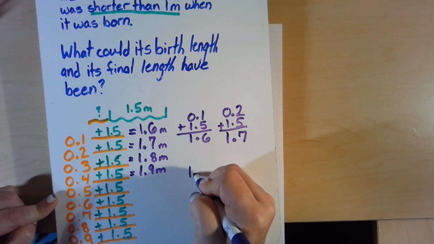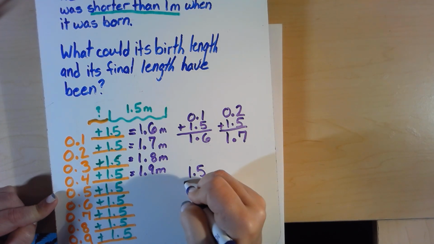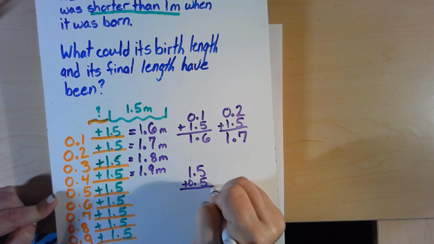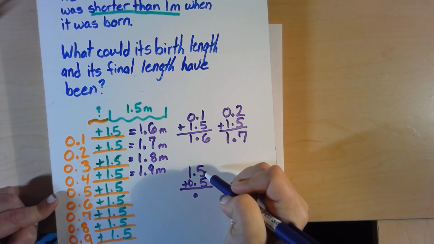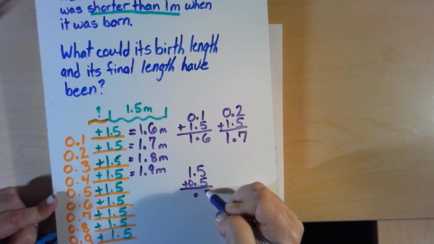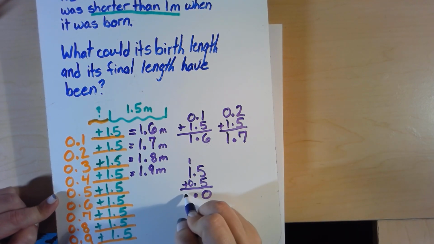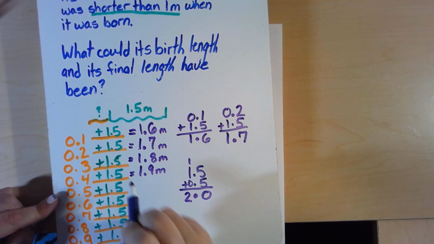Now what happens when we have to add 5/10 to 1 and 5/10? If I have 1 and 5/10 plus 5/10, line up my decimal points. 5 plus 5 is 10. 0, carry the 1. 1 plus 1 is 2. So 2 meters.